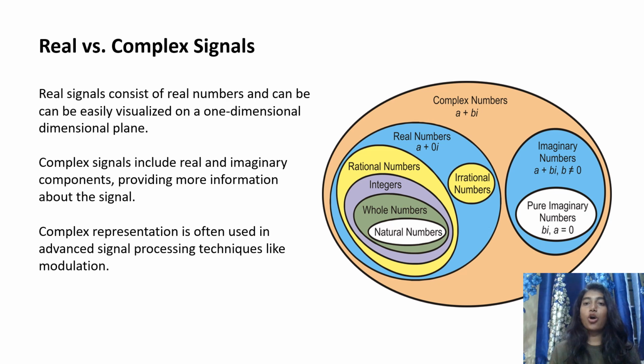Here we can see the complex number, which is divided into two groups: real numbers and imaginary numbers. Real numbers are the ones at the left side of the complex number, and the imaginary numbers are the ones in the form of j.